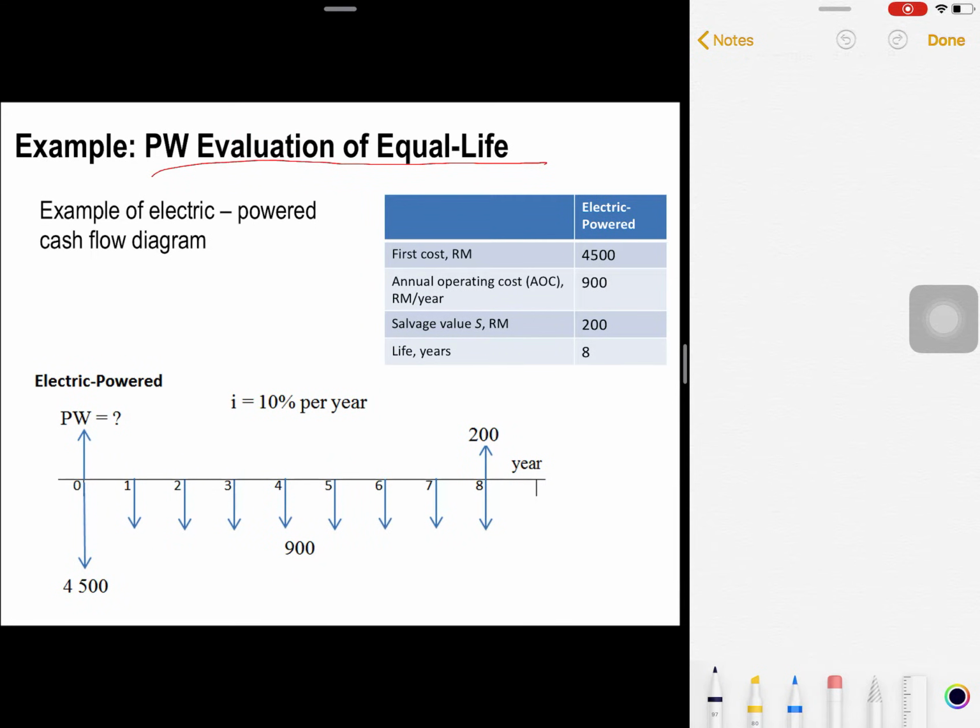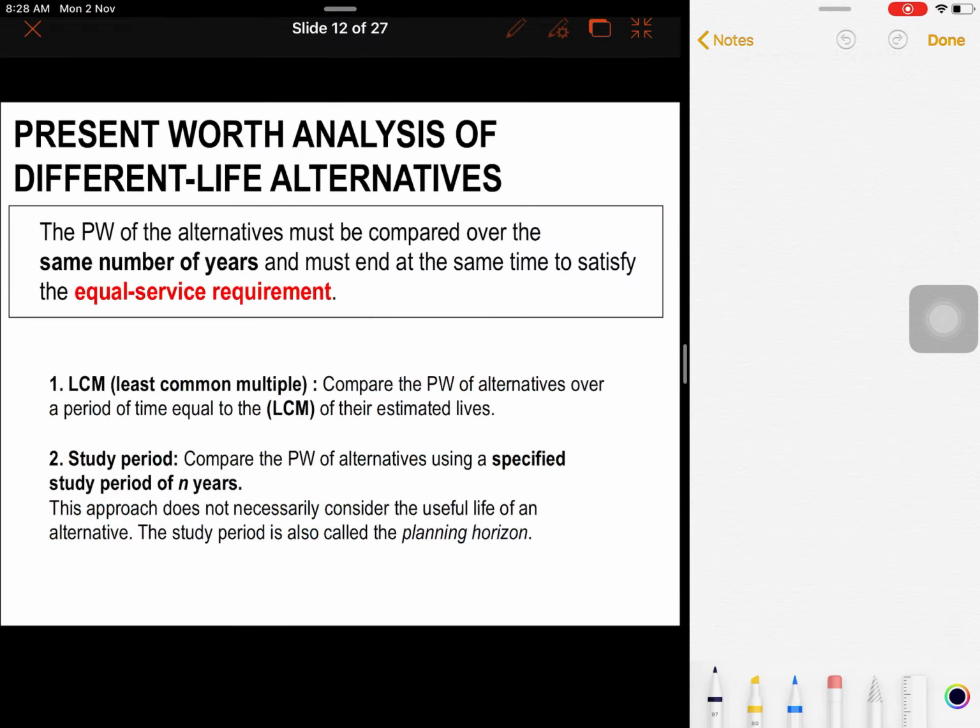Okay, example of PW evaluation of equal life. Example of the electric powered cash flow diagram. So for electric powered, we have the first cost, $45,900 as the operating cost, and $2,000 as the salvage value after 8 years, and the life is 8.